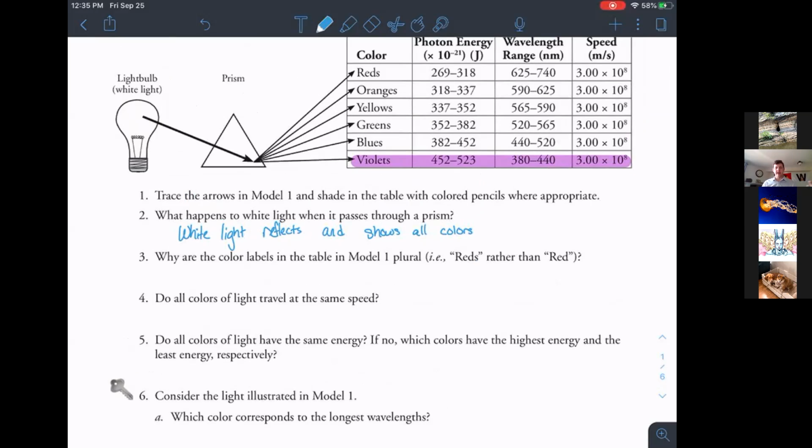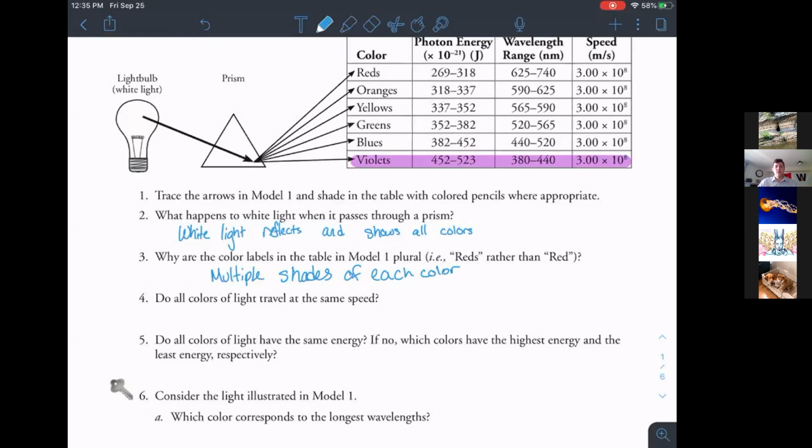So they're different shades, multiple shades of each color. So we're going to see multiple shades of all the colors, which is why it says reds and not just red, because not all red looks the same.